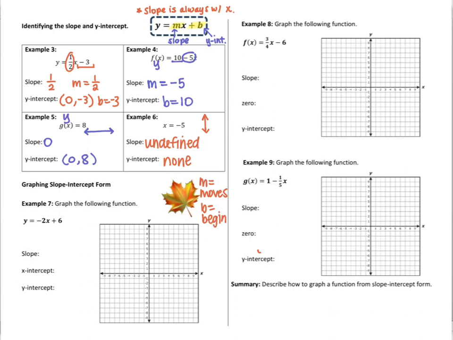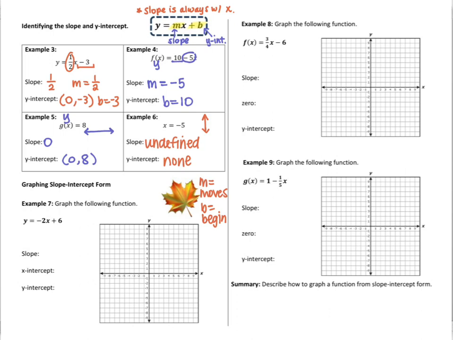This helps us remember that we always start with our y-intercept on the graph, and then we're going to use the m to move and get a new point from that y-intercept. So m, the slope will move us, and the y-intercept is where we will begin.